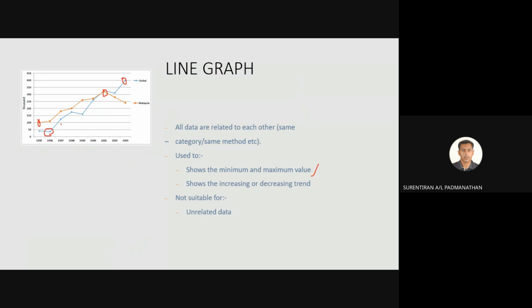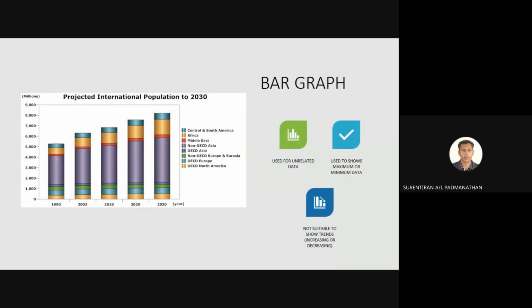You can see here it keeps on increasing, right? Here it increases and then it drops. It's not suitable for unrelated data, so there should be some relation. For example, these two lines should have some relation between each other. So this is for the line graph.